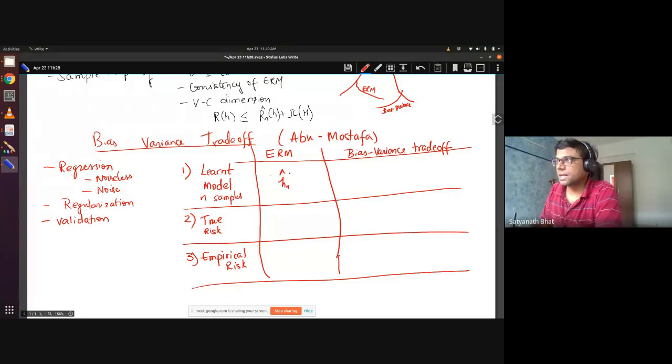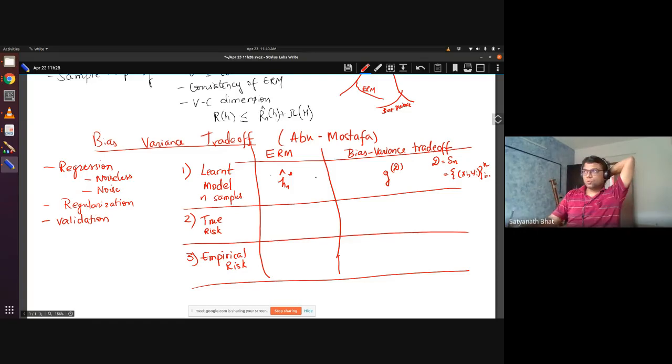This is what we called H_n hat star, but here we will be calling it G of D, where D is the data set that is used to train. This D is the same thing as we called S_n, which is (x_i, y_i), i equal to 1 to n.